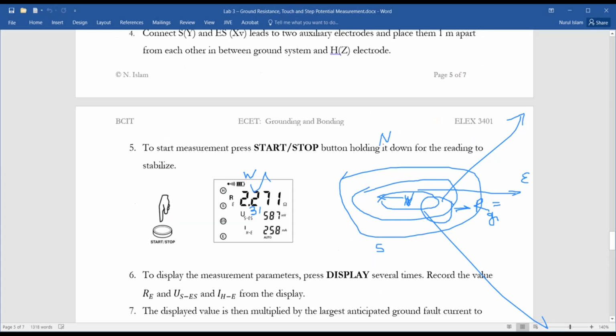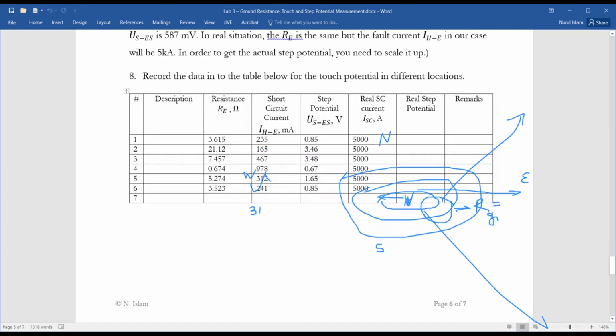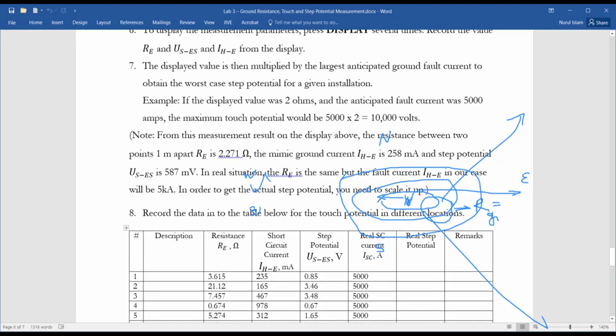And for step potential, by the way, here is the data which was collected. Now using the soil resistivity of the same area, you are modeling your grounding grid using WinIGS. Okay, so you will model it, and from your model running the software, you will find out the ground grid resistance.